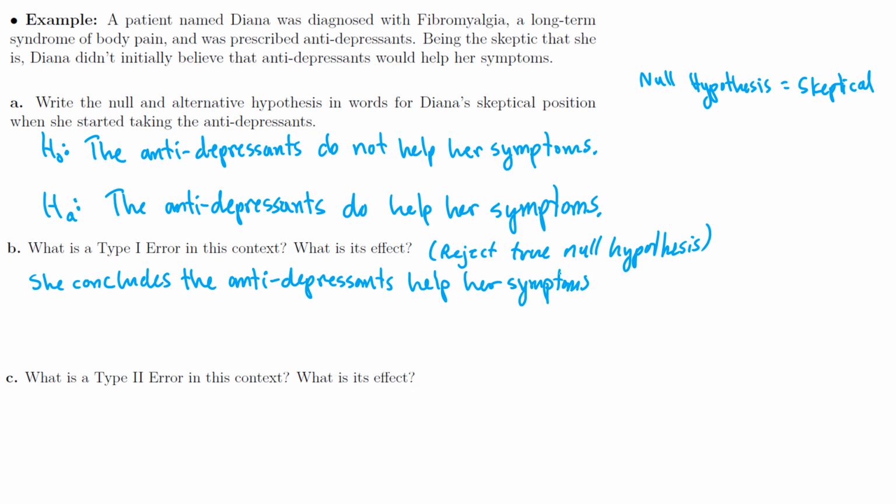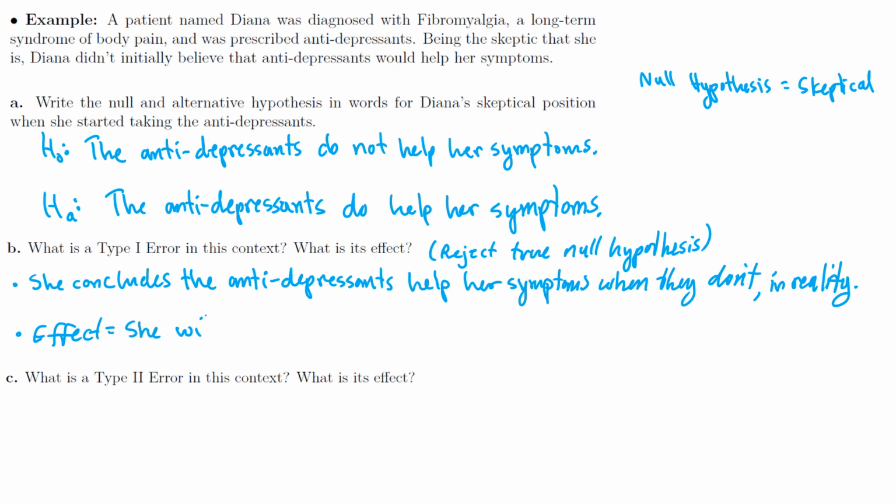But then what does it mean that this is an error? Well, when they actually don't. They don't in reality. Okay, so what is the effect of this? Well, the effect is that she's going to continue to take the medication, right?